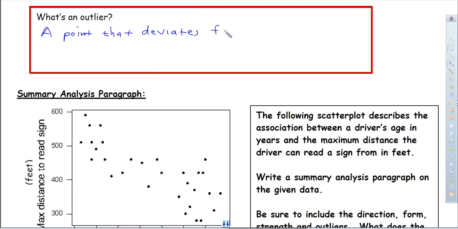That deviates from the, let's say pattern, not path. The pattern of the relationship or association. Remember, outliers are not necessarily bad points, they're just unusual, right?